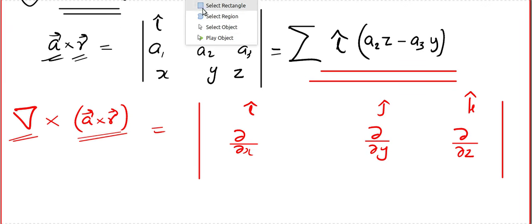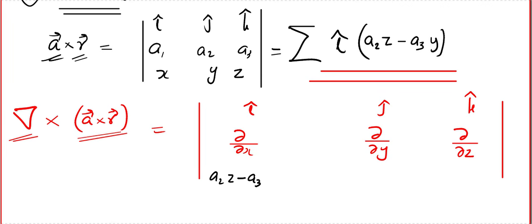First one means you can just copy this. A2z minus A3y. Now what should I do with A2? A2 becomes A3, z becomes x. A3 becomes A1, y becomes z. And A3 will be A1, x will be y, minus A2, z will become x.